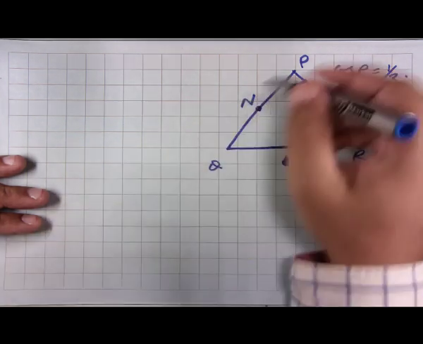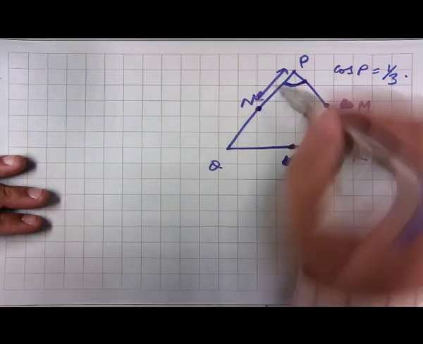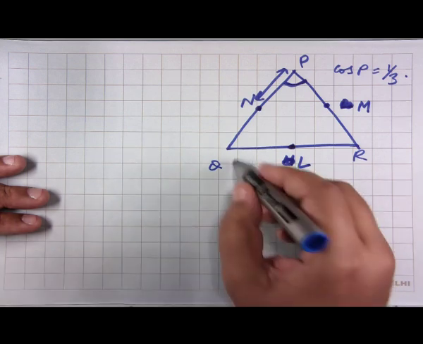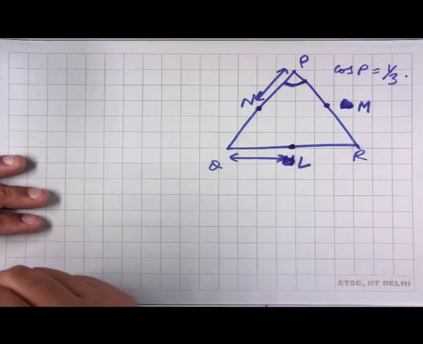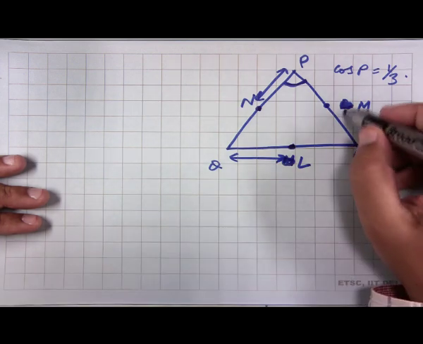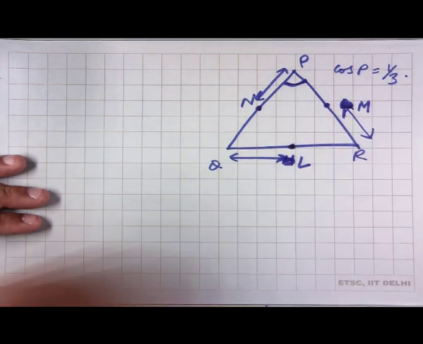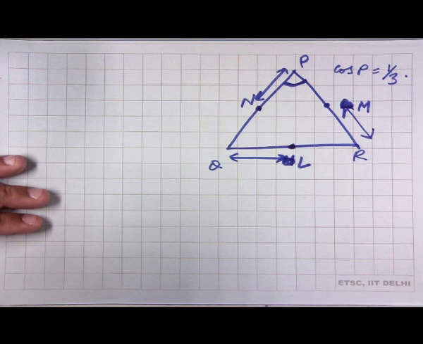Now these lengths PN, QL and RM are consecutive even integers. So, they are all even integers and they are consecutive even integers.